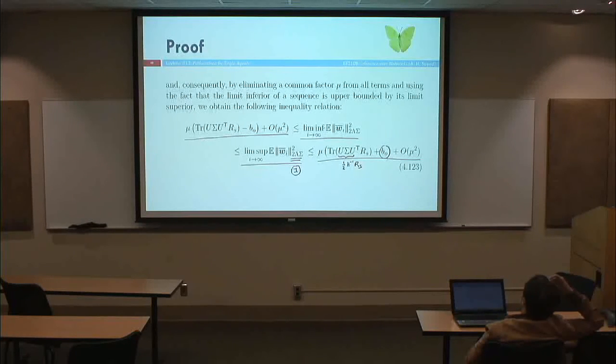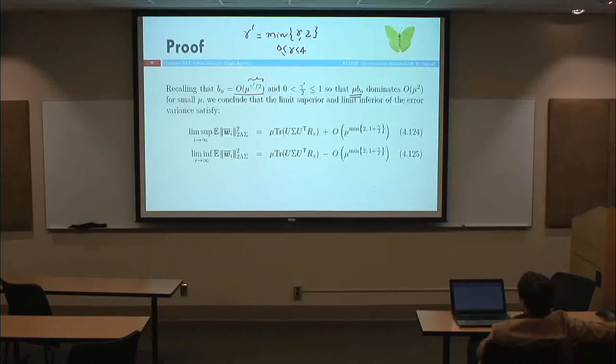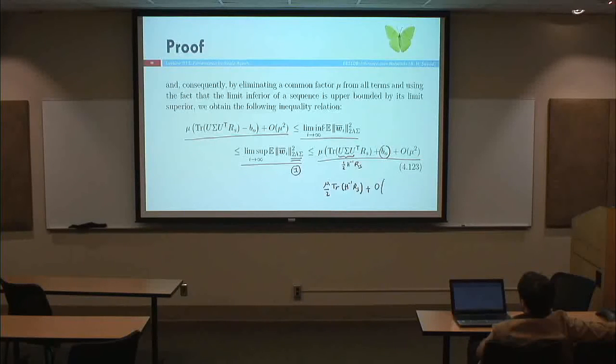Very good. So here I have mu over 2 trace of H inverse RS plus mu times B0, so that would be of order mu to 1 plus gamma prime over 2, plus mu squared. And this is a smaller power of mu than that.